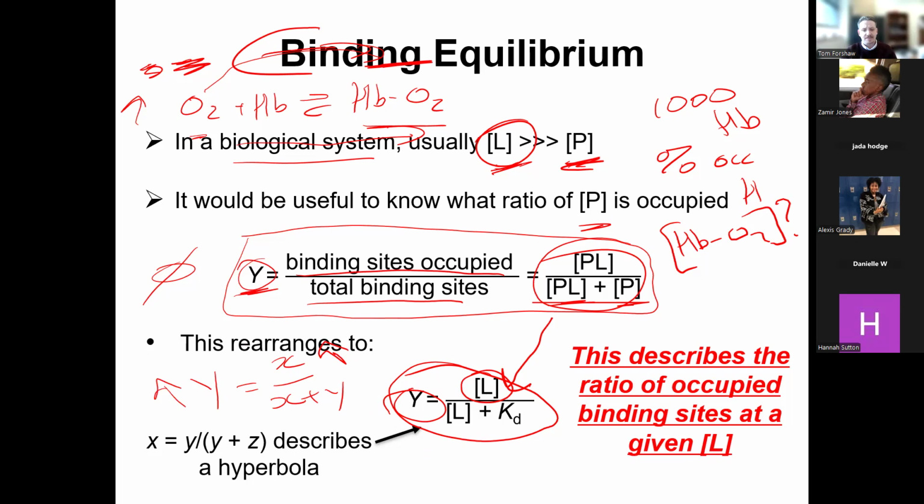It's just reflecting that at different concentrations of ligand, how occupied is the protein going to be? It's going to be the ligand supplied divided by the ligand supplied plus the rate of dissociation.